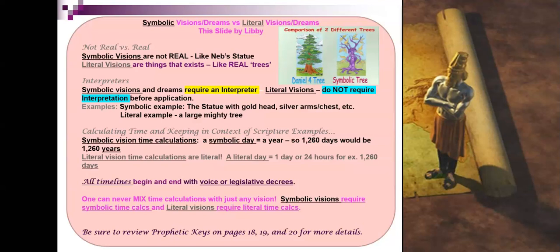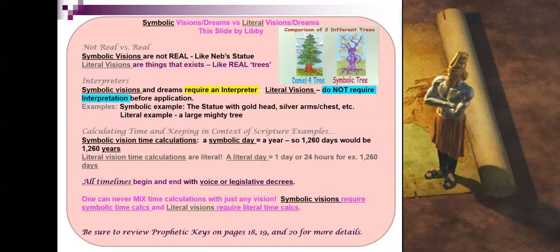Now, if the tree had been described as a purple tree with a snake crawling up it, with several eyes on it, with fish scales and butterflies on the tree limbs, then that would be a symbolic tree. So we're talking about a literal vision in chapter 4 of Daniel because he sees a literal tree.